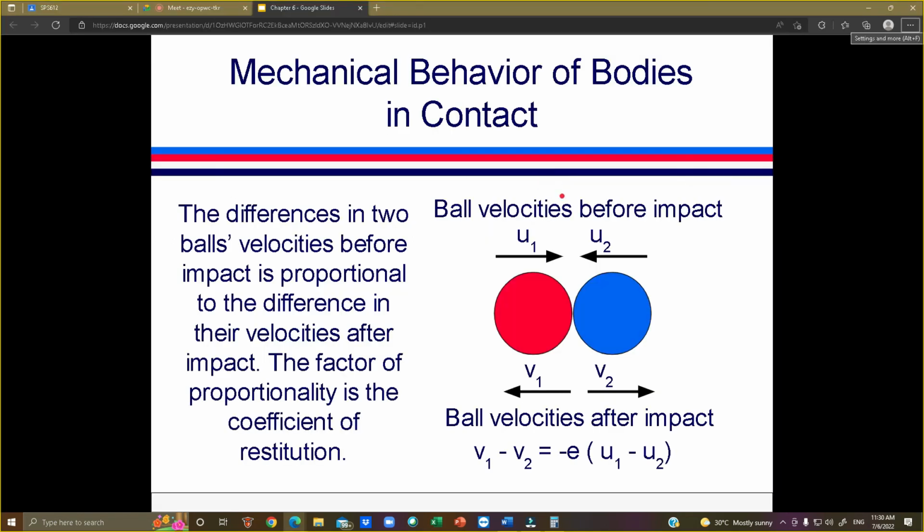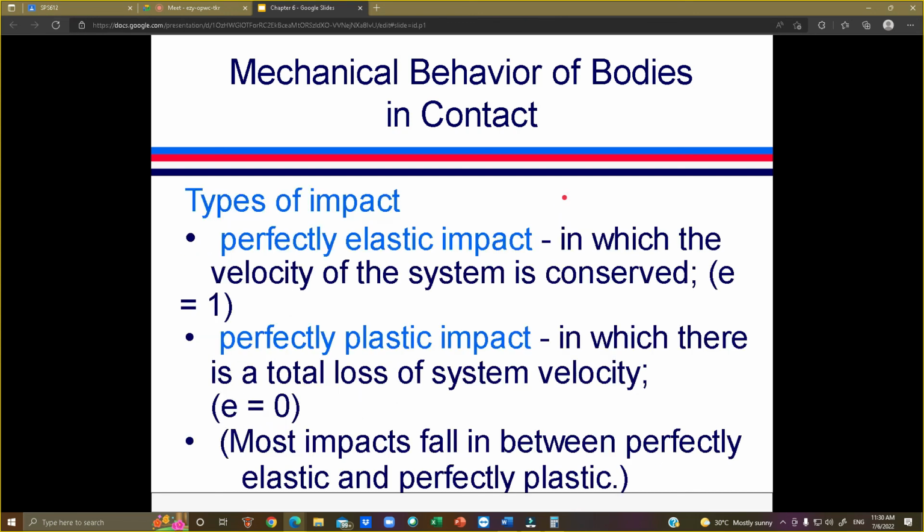When we talk about collision, it can be characterized by coefficient of restitution. And this coefficient of restitution is actually a number, from 0 to 1, where 0 is perfect plastic and 1 is perfect elastic.